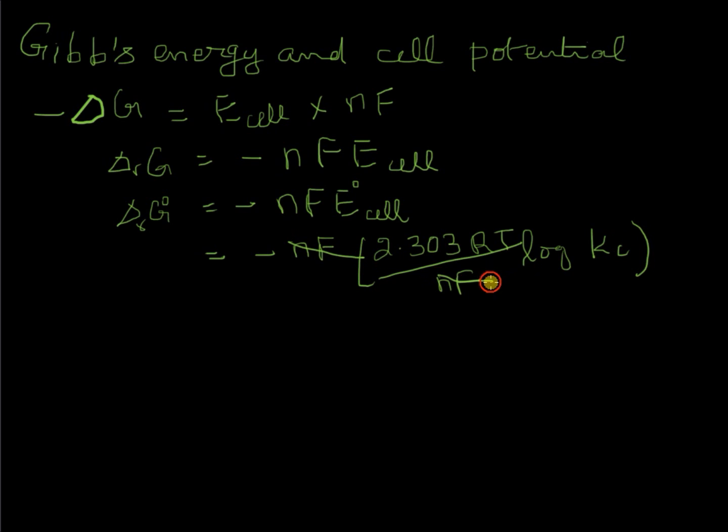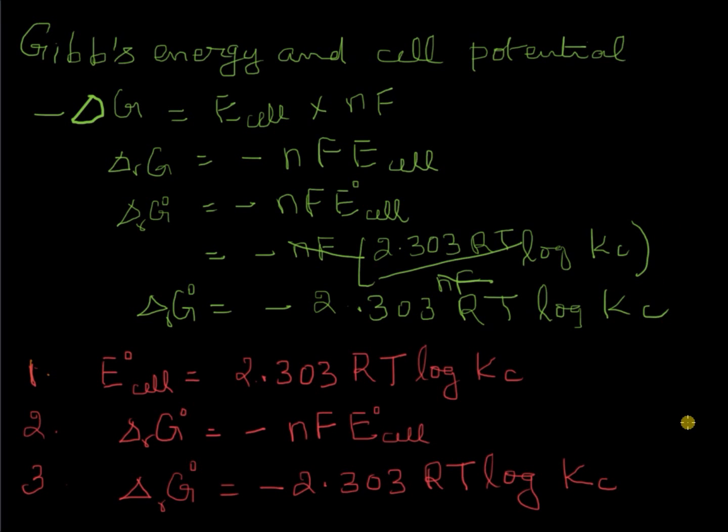So this leads us to the relationship delta G naught is equal to minus 2.303 RT log Kc. You find the three important quantitative relationships between E naught cell, equilibrium constant and Gibbs energy of an electrochemical cell. Having learnt these relationships, we will now use them in problems.